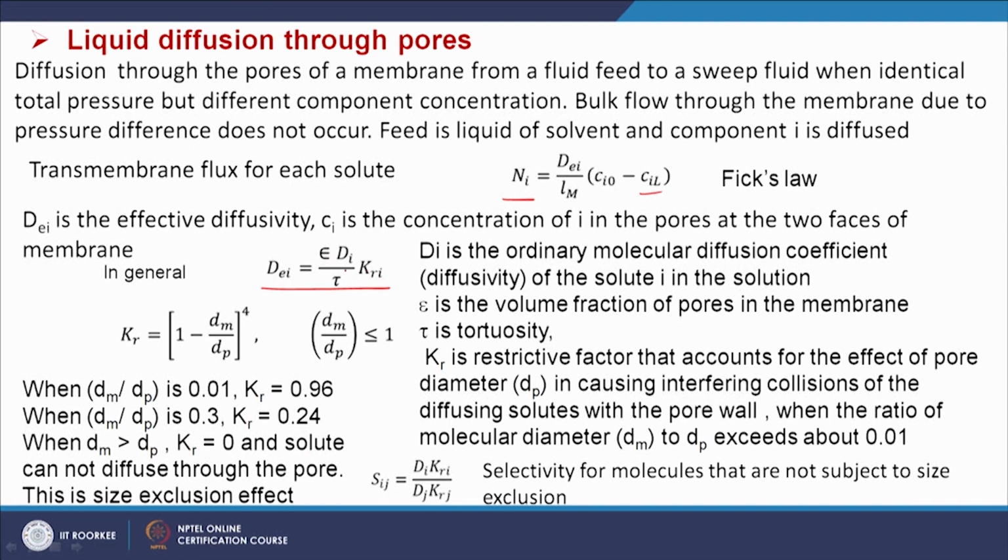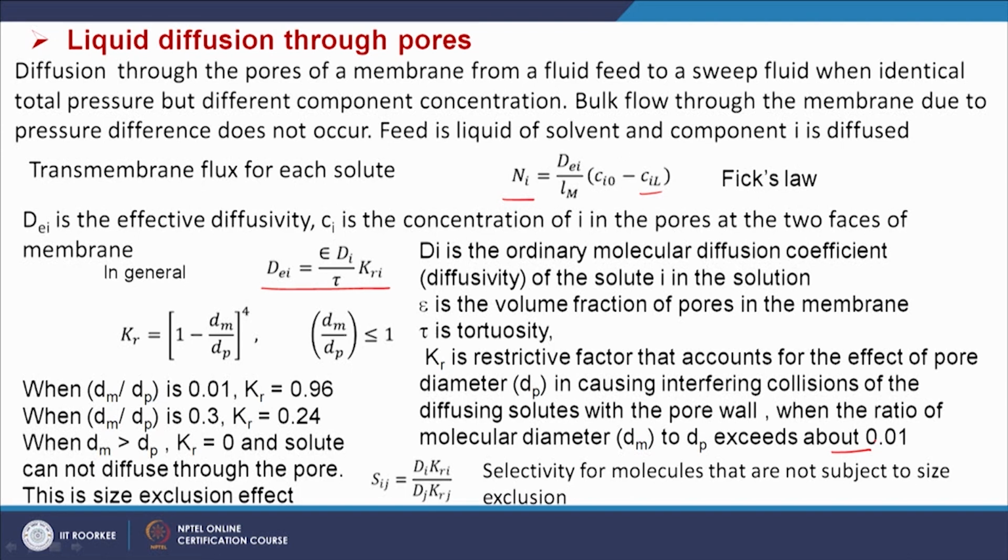Here Di is the ordinary molecular diffusion coefficient of the solute i in the solution, E is the volume fraction of pores in the membrane, tau is the tortuosity, and Kr is a restrictive factor that accounts for the effect of pore diameter dP in causing interfering collisions of the diffusing solutes with the pore wall. When the ratio of molecular diameter dm to dP exceeds about 0.01, Kr plays a significant role.